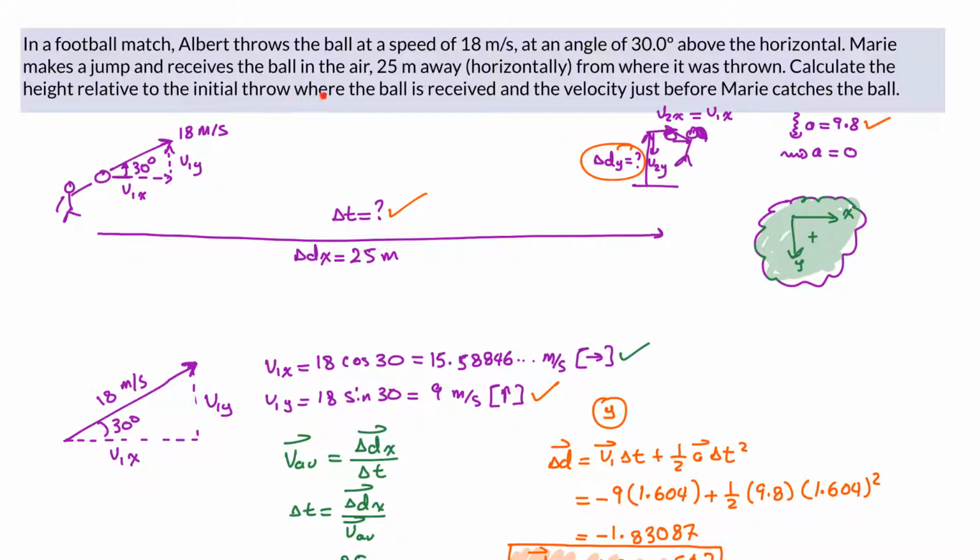The speed in the x direction isn't changing, but the velocity in the y direction is actually reducing until it gets to the maximum height and then starts speeding up a little bit. You can see that it speeds up in the y direction, but it doesn't reach the same height that it was thrown from. So the y component is a little bit less than the y component that it was thrown with. So that makes the final speed slightly lower, and in this case, that's exactly what we observed.